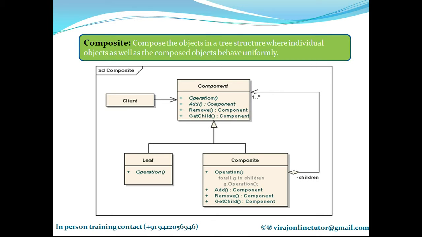That means the user will invoke one function of the leaf the same way he invokes the function of the composed object. Behavior is mapped to member functions. So if you want simple and complex objects both to behave the same way, use a composite design pattern, wherein you can connect the simple and composed objects into a single tree hierarchy.